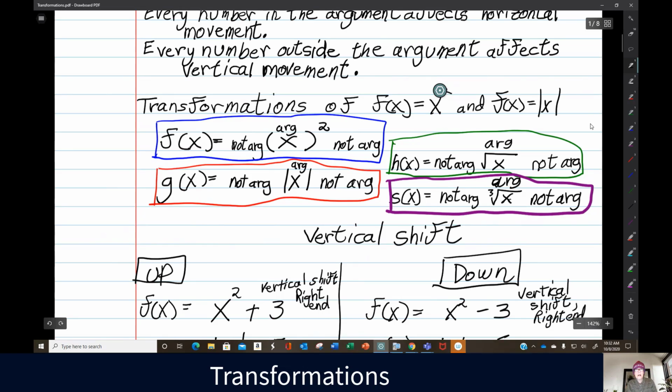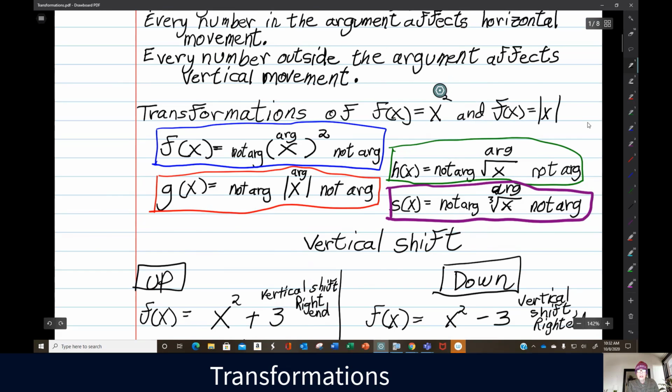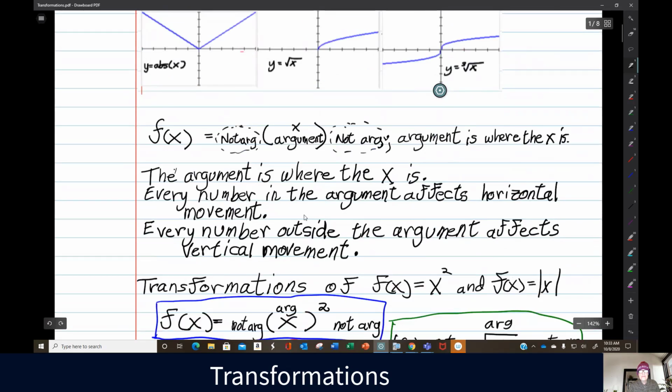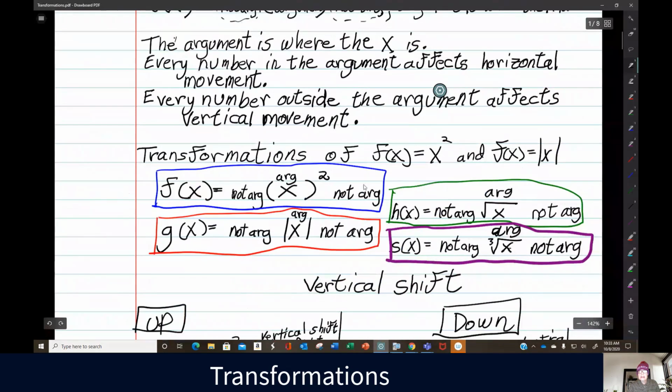All right, so let's talk about the vertical movement first, because that's the easiest and the most straightforward. If you want to take any of these graphs and move them directly up or directly down, that's governed by the far right end of the function, the part that's outside the argument over on the right.